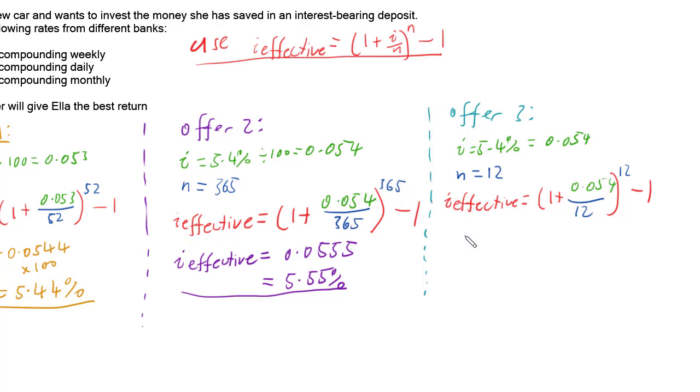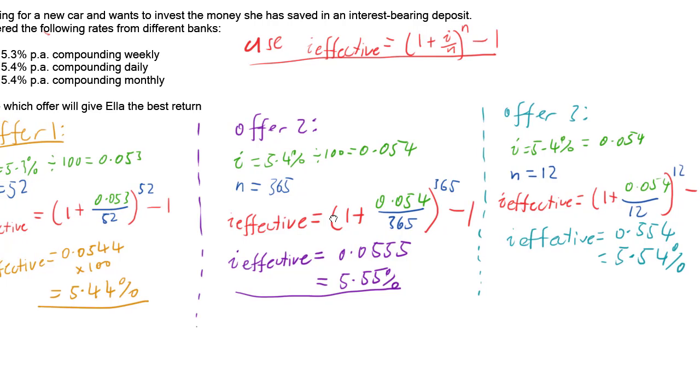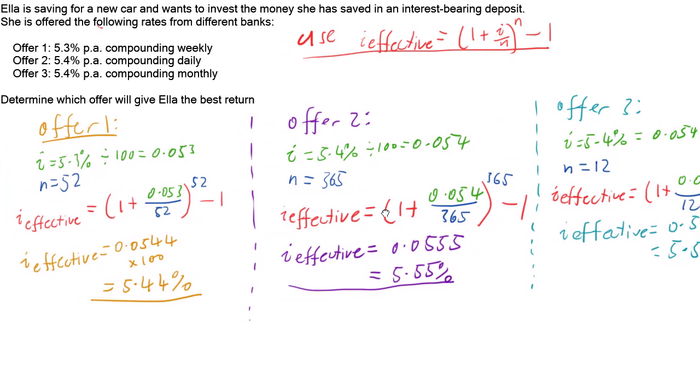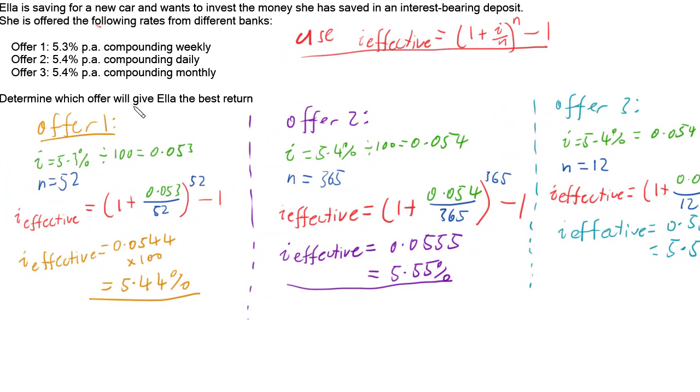And so offer 3's effective interest rate, if we put that into a calculator, is 0.0554, which multiplying by 100 gives us 5.54%. So now we just need to answer the question, and the question was, determine which offer will give Ella the best return.